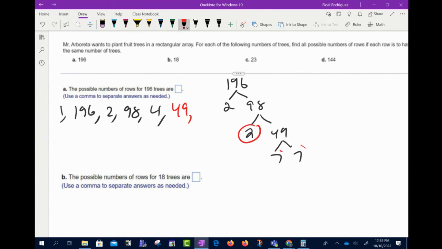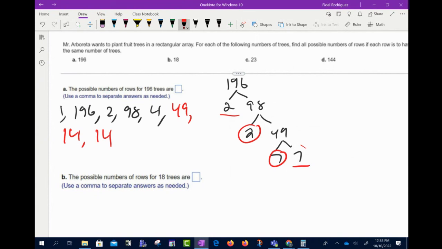Could we do this? Look, 2 and 7 is 14. 14 and what? Well, 14 and 14, right? Because if I pair those two up, then I got to pair those two up, right? And really all I'm doing here, y'all, is trying to find all the pairs of numbers that multiply to 196, right? How did I do that?